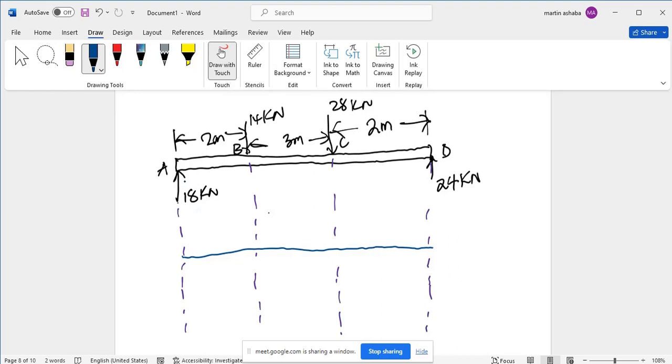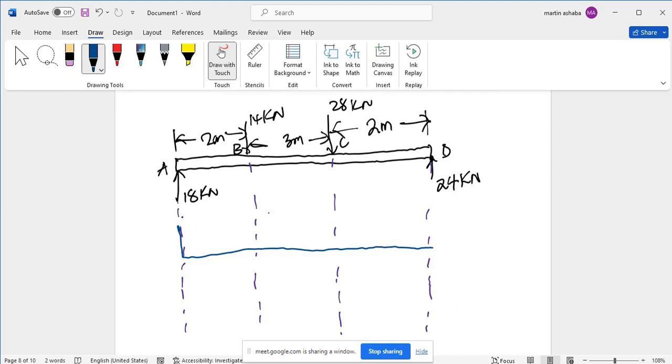At the support there is a load due to the support, which we are calling a reaction on the beam. Then there is a load that is externally applied to the axis of the beam. Then we have the reaction. What happens is that I start from 0 and move 18 kilonewtons.